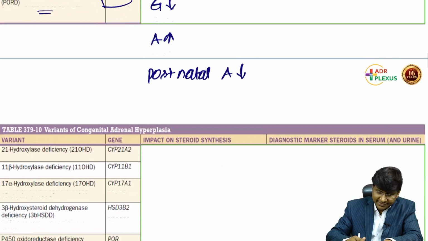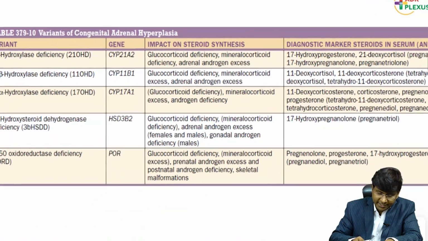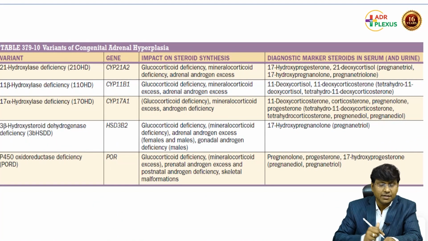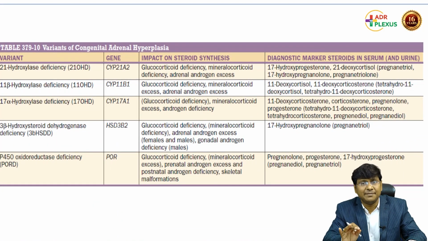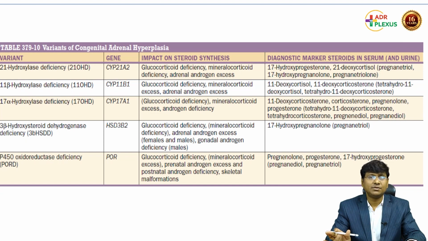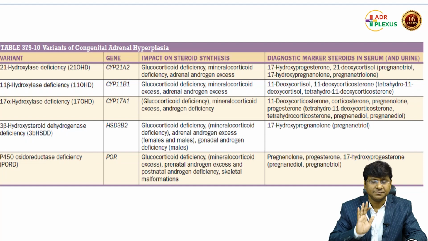Okay, so this will be the summary of what I have discussed. These are the congenital adrenal hyperplasia enzymes which are being defective, and in congenital adrenal hyperplasia you will have hirsutism, right? So that was about the discussion related to hirsutism and congenital adrenal hyperplasia.